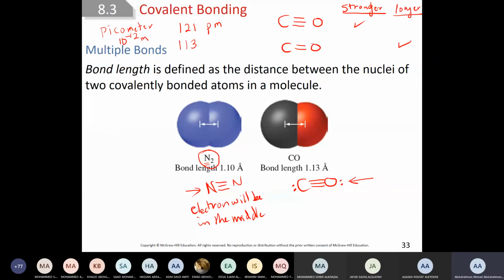You have to memorize this. Don't forget it. You will always need it. 10 to the power minus 12 meter.